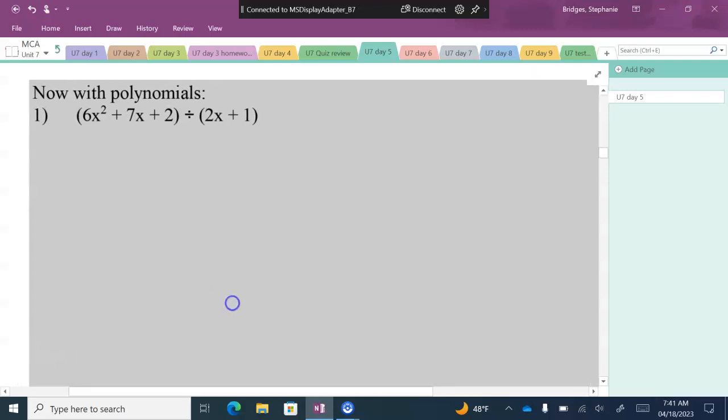So in this case, it's going to be the 6x squared plus 7x plus 2, okay?